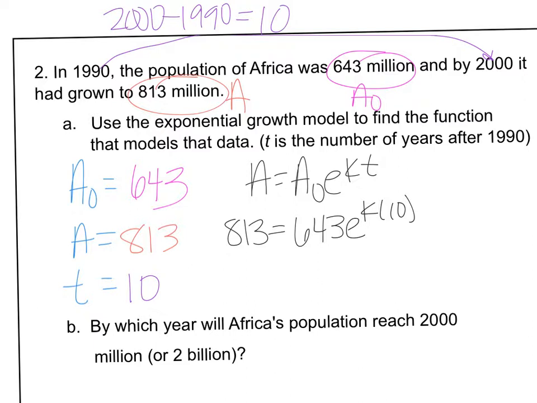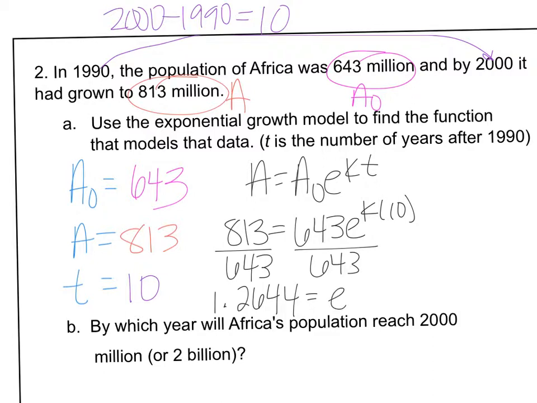What do I do next? You divide by 643. I get 1.2644 equals e to the 10k. What do I do next?